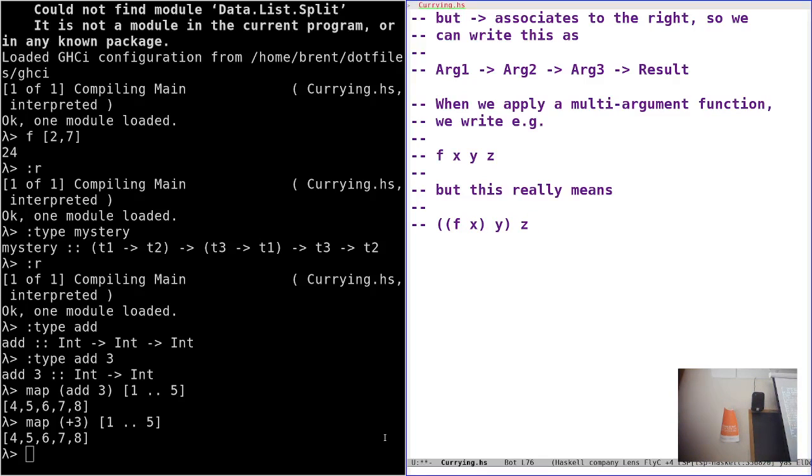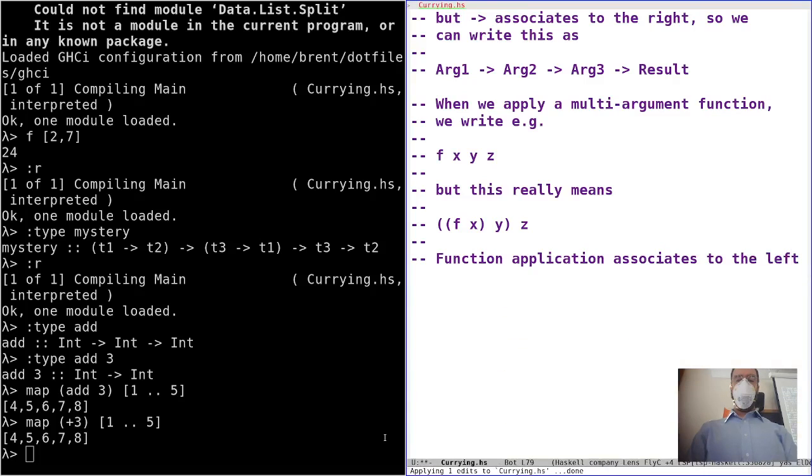It says f really is a function that takes only one argument, so we'll apply that to x, and that gives us back a function, and we're going to take that function and apply it to y. And then that is going to give us a function, and we're going to take that thing and apply that to z. So function application associates to the left. And that is, f x y means (f x) y.